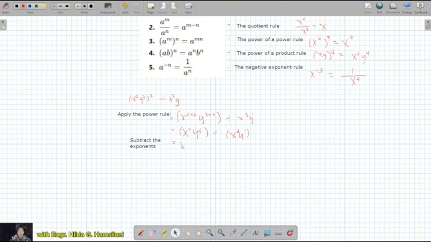So x raised to 4 minus 3, and y raised to 6 minus 1. 6 minus 1. So the final answer will be x y to the 5th.